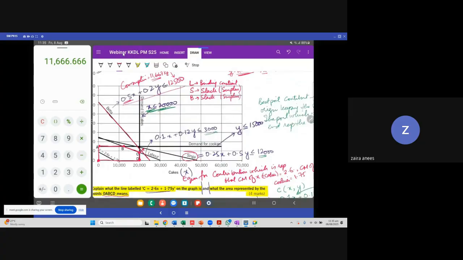Okay. So let's try to do the same with this: 0.25 of X, which is 20,000, plus 0.5 into 8,333.3 of Y. 0.25 into 20,000 plus 0.5 into 8,333, which is 9,160.